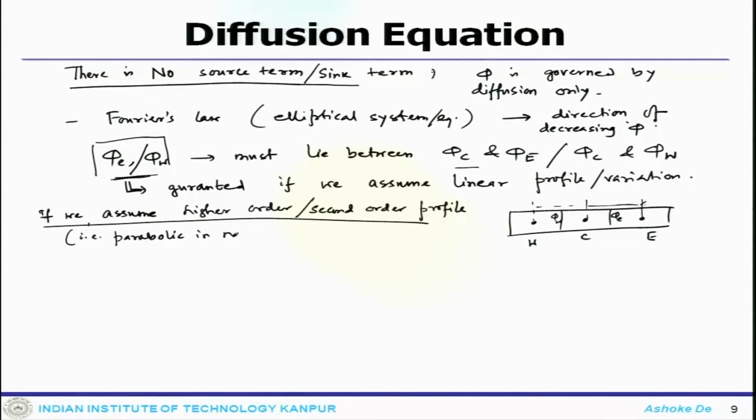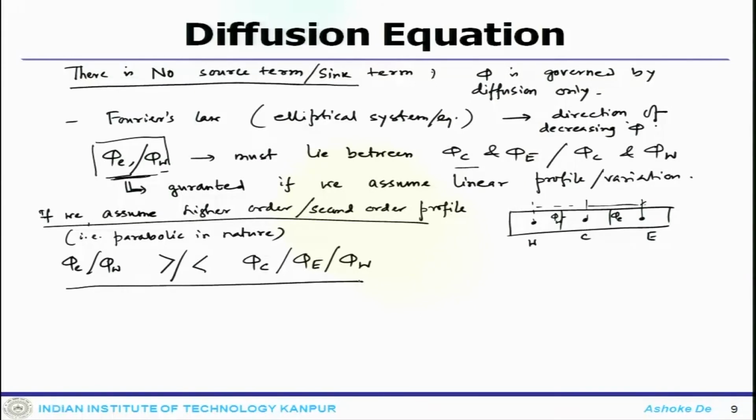Once you assume some higher order profile, what that can do is that these surface values, small phi e or small phi w, can possibly be higher or lower than phi C, phi E or phi W, which is absolutely possible because of the assumption of the higher order profiles.